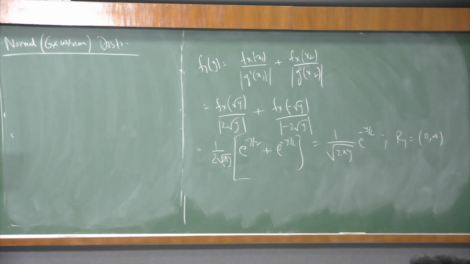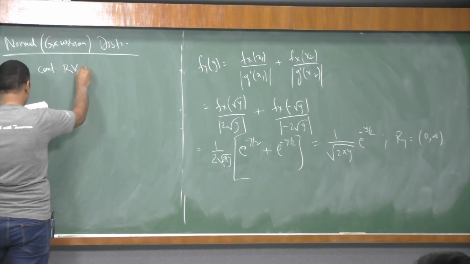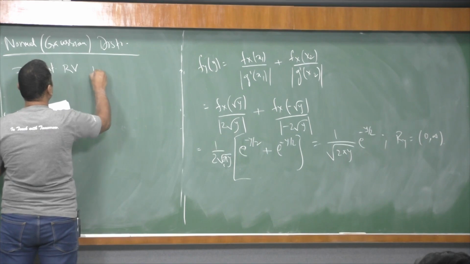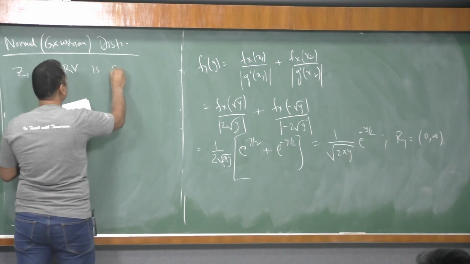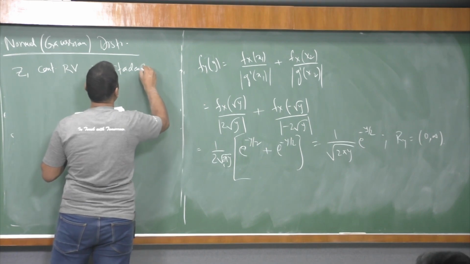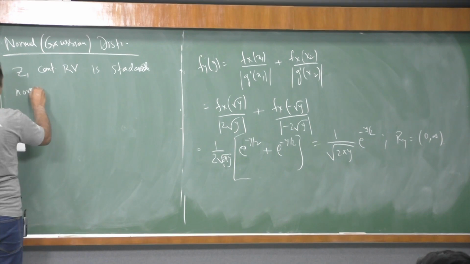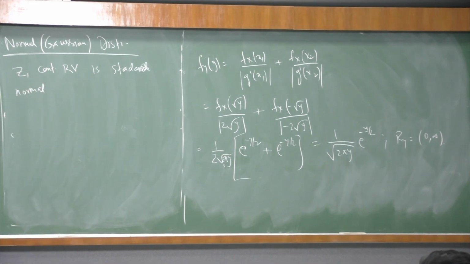So we define it to be, so let's say Z, a continuous random variable, is standard normal. Okay, it's not that we will define an abnormal one later on, it's just that the name is like that. Okay, it's also called standard because we have a more generic variant of this.